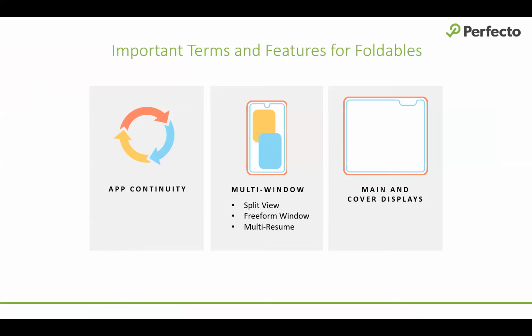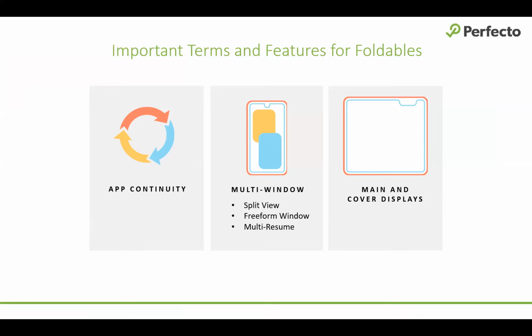Foldables, just a word about them before I dive into the more straightforward mobile testing. These are kind of the add-ons, or the more cool things that are happening around us. Foldables allow application users, consumers, to enjoy multiple applications, up to 3 applications running in the foreground. And this is unique.